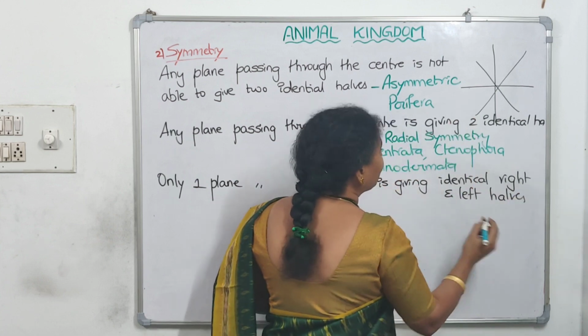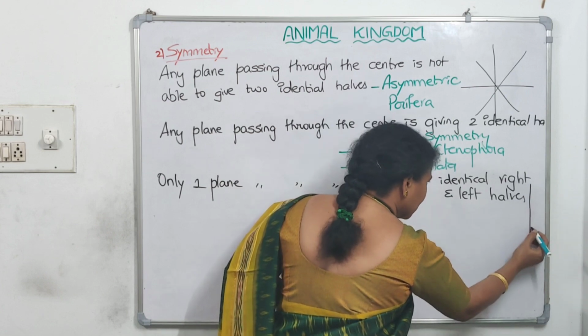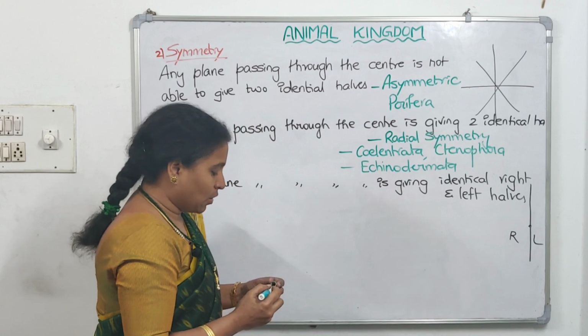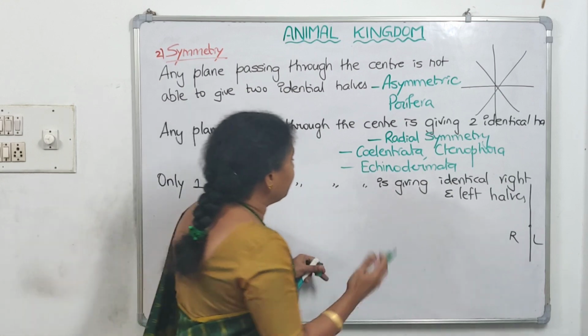I'm telling, only one plane passing through the center, if it is giving identical right and left halves, then what is that called? It is called bilateral symmetry.